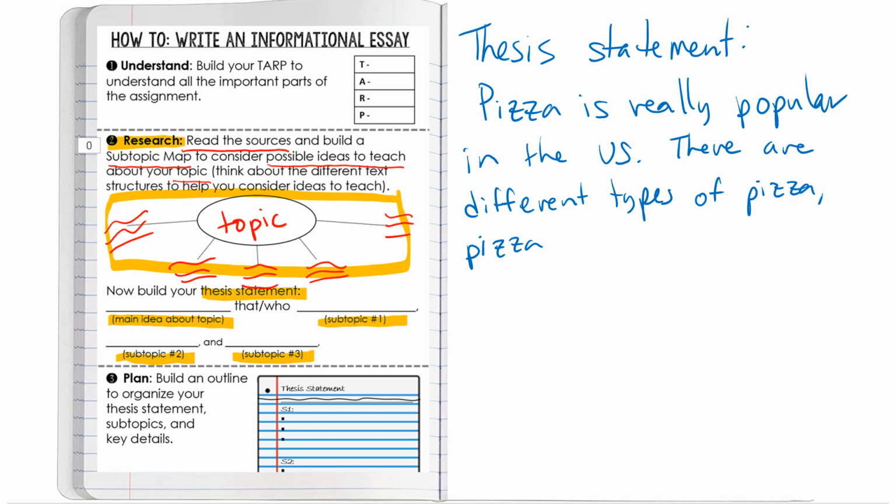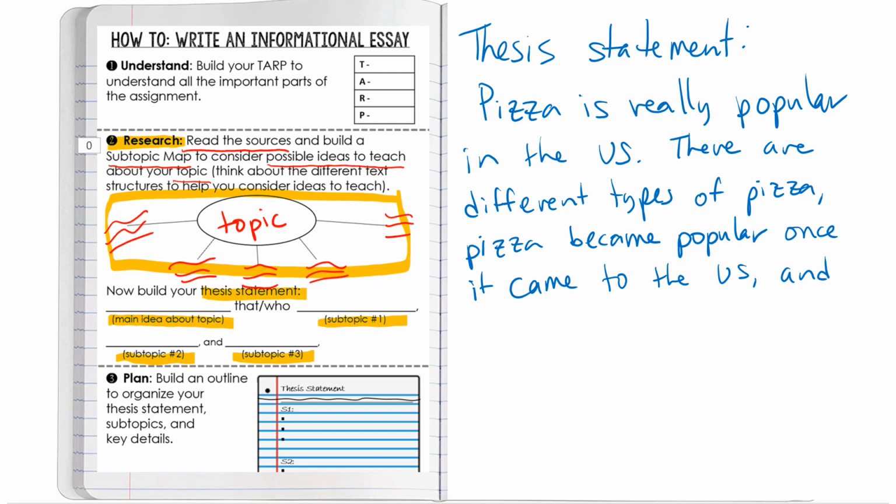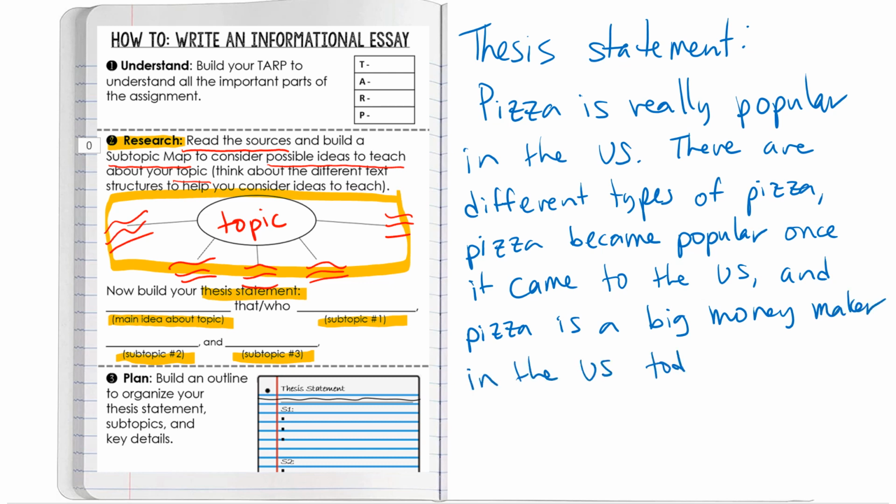Pizza became popular when it came to the U.S. Ooh, and then something about pizza making money. Ooh, pizza is a big money maker in the U.S. today. Okay, let me reread that to see if I like it.